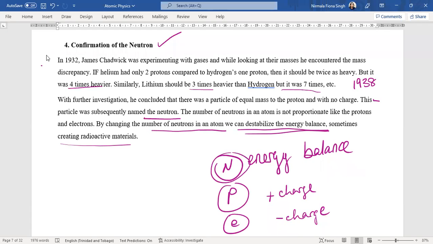So even though this neutron has no charge, you might think it's not going to do much, but by changing the amount of neutrons, we can go from a nice, simple, calm, unreactive element to a radioactive one. So it really does add up to how things change and behave.